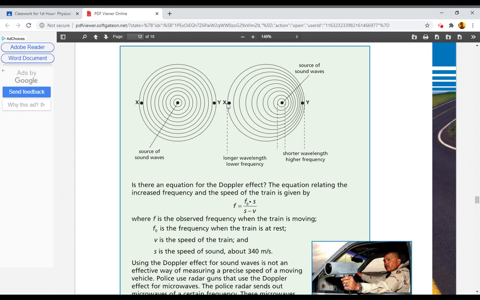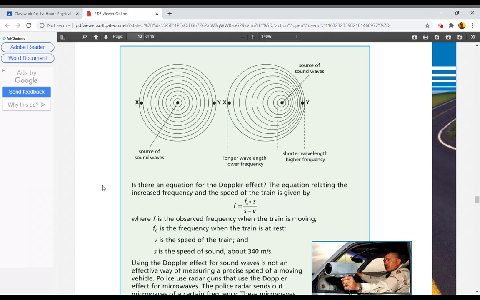When there's a longer wavelength, there's a lower frequency. Shorter wavelength has a higher frequency. So as the car or the train or the plane or the ATV or the snowmobile gets closer, it has a higher pitch. The further away, lower pitch.